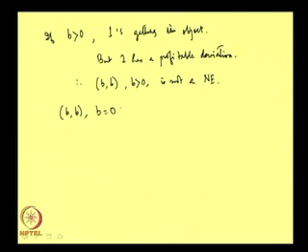But here player 2 can bid more than B and get the object, and that is going to be profitable, because if you remember, one assumption that we had taken at the start is that all the valuations are positive.